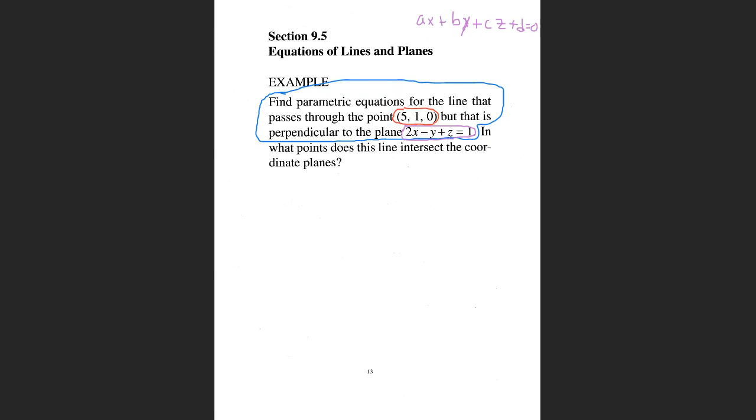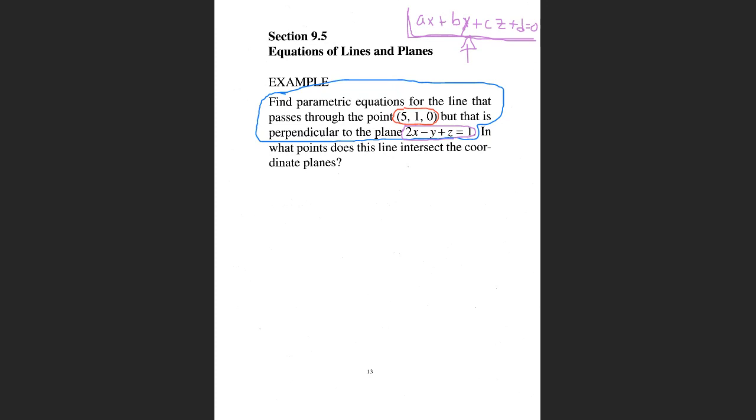How many recall that kind of thing? Okay, Andrew recalls it. Excellent. Back then in pre-calculus, you were just told, hey, this is the equation of a plane. Well, in this course, you're going to learn why equations of a plane have this form. But for now, take it on faith.